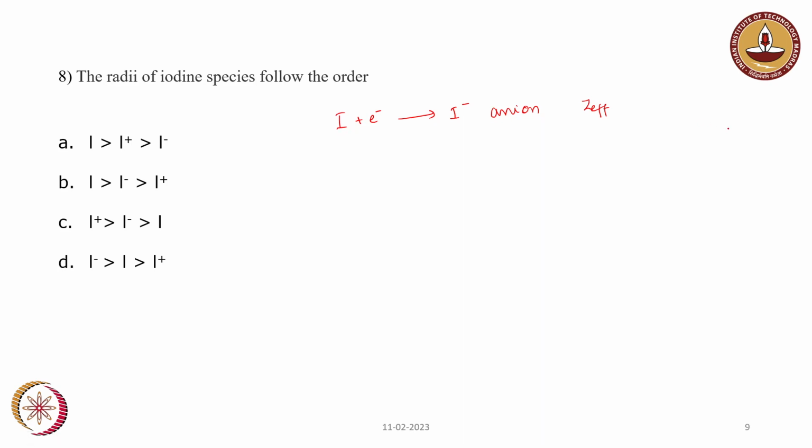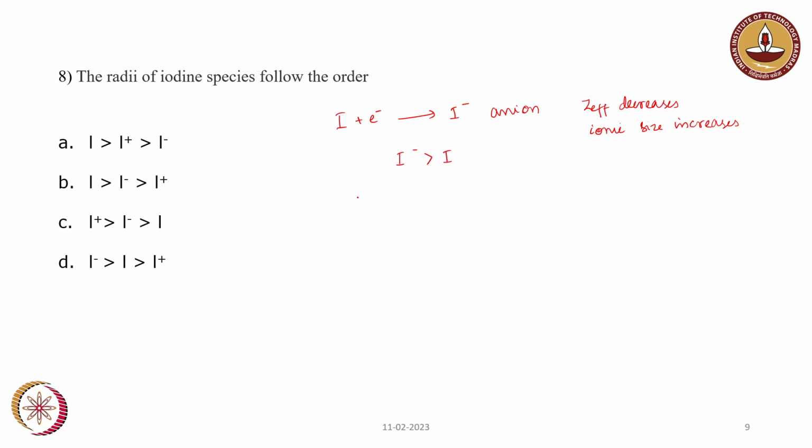As Z effective decreases, the ionic size increases. That is, the radius of I minus is greater than I.